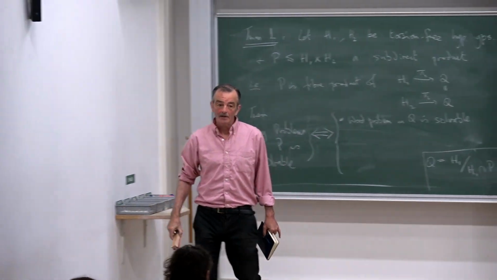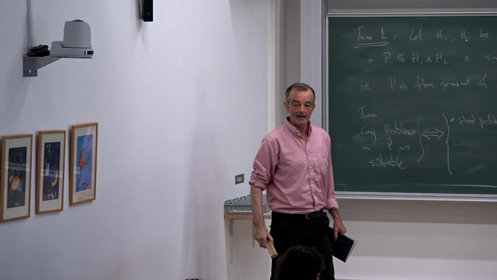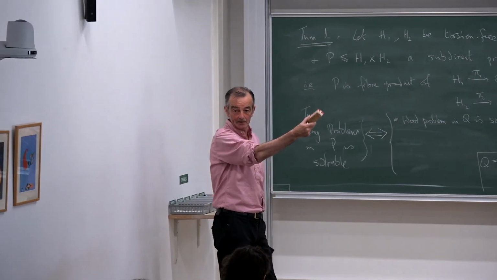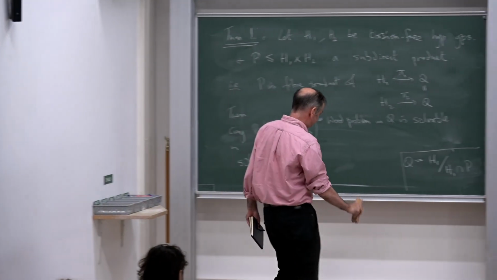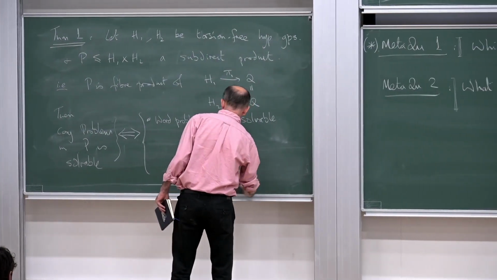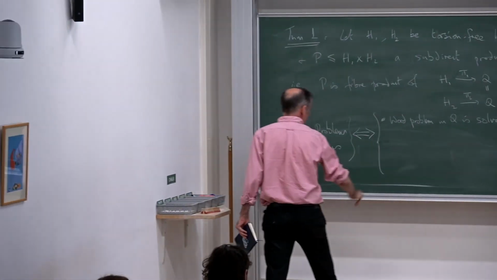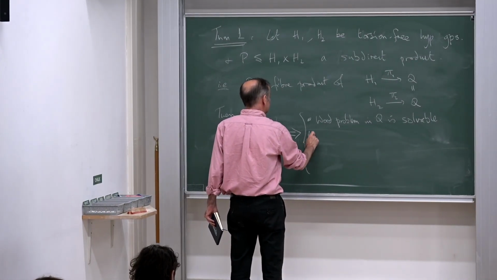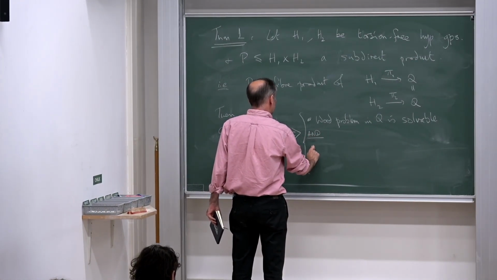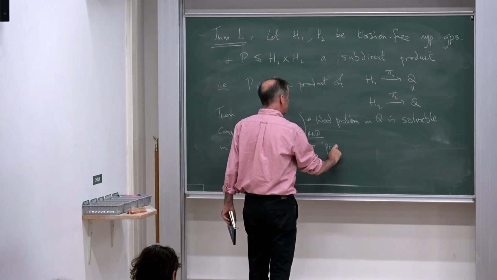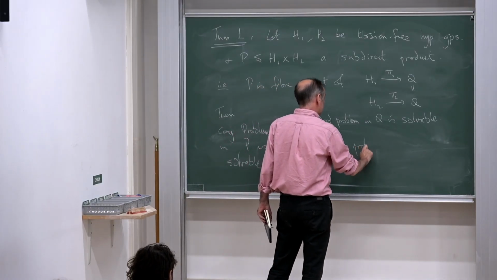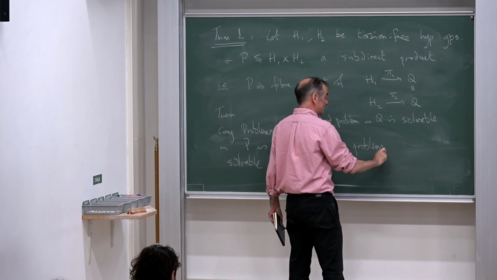Now, I'd like to stop there, right? Because then I'd really say that fiber products are translating word problems into conjugacy problems. But unfortunately, I can't stop there. You need another condition, and what's called the power problem. Well, it's called the power problem in the older literature.